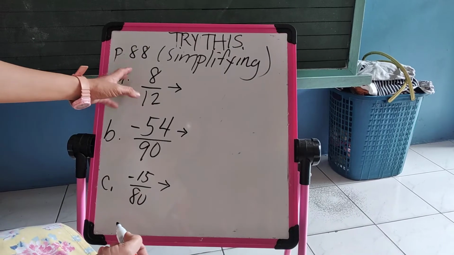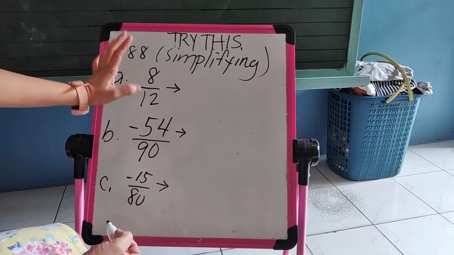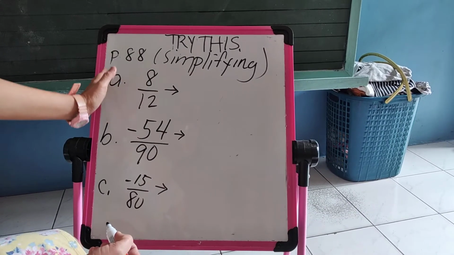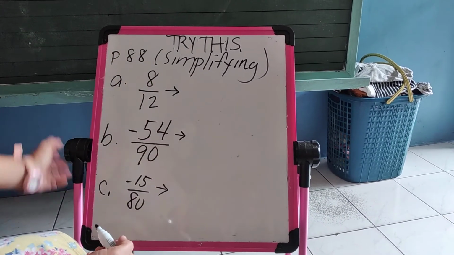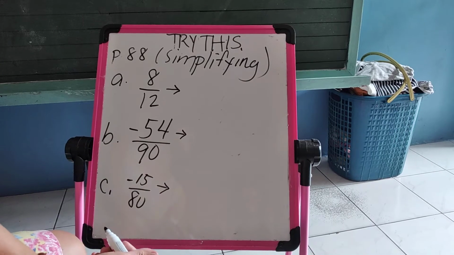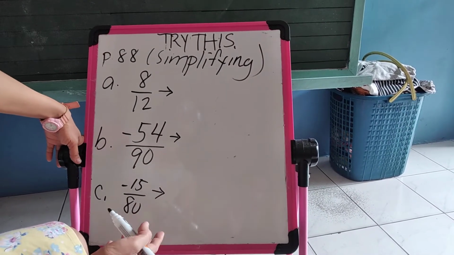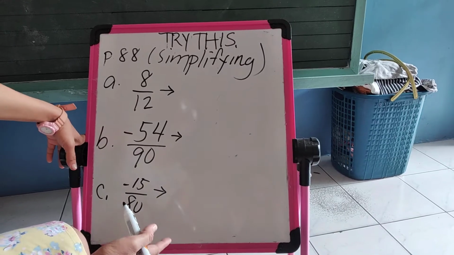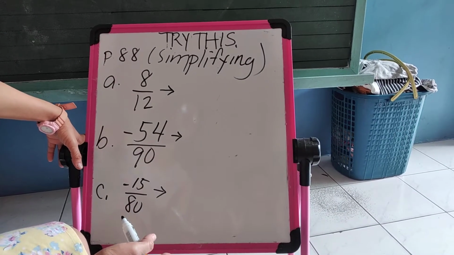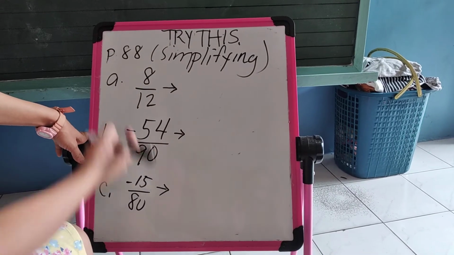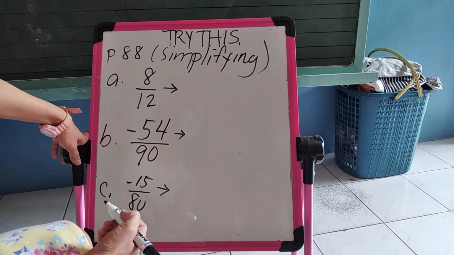If you start with the smallest factor, it's okay, but your final answer is still not in the simplest form. You still have to reduce it again and again until you finally reach the simplest answer. So that's why we need to use the GCF, the greatest common factor that can divide both the numerator and the denominator. So the GCF here is of course 4.